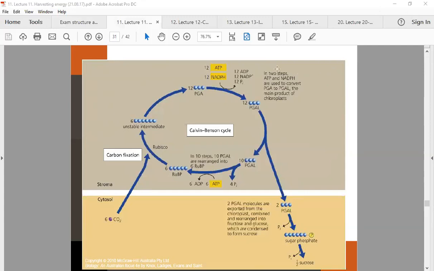Yes, correct. Excellent. Here we go. So here are the major products from the first part of photosynthesis. ATP, NADPH. So they are critical inputs.